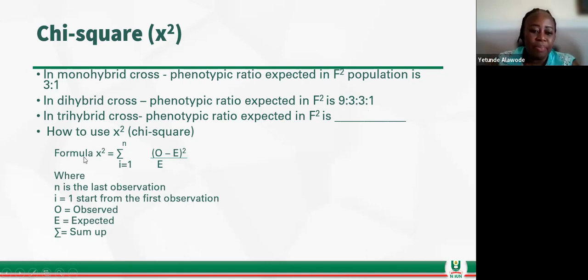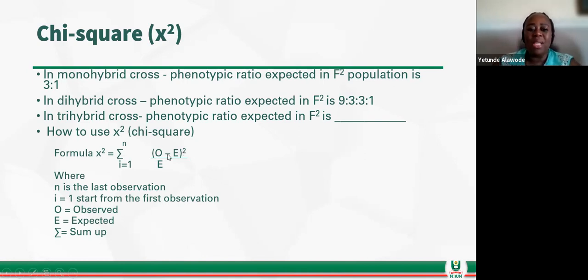This is the formula that you need. This χ² is the symbol for chi-square, and it states that chi-square is equal to your observed value minus expected value, squared.